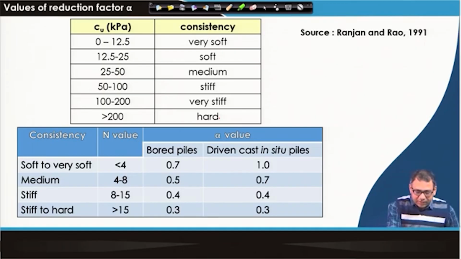And when can we say the soil is soft, very soft, medium stiff, very stiff, or hard? As per the undrained cohesion value, it can be classified. That table is also given. So, if you have the undrained cohesion value, based on that you can understand whether the soil is soft or very soft or stiff, and then based on that you decide what alpha value you will choose.